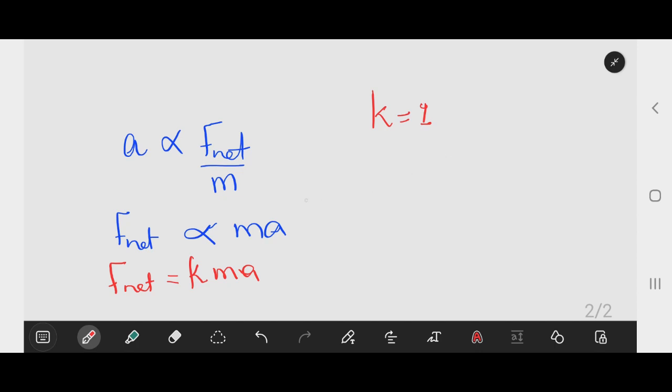And why do we use k equals 1? Because for this derivation, we are saying the F net that is applied on this object is 1 Newton, the mass of that object is 1 kg, and the acceleration is equal to 1 meter per second squared, right? If you substitute all these values into this equation, you get k is equal to 1.